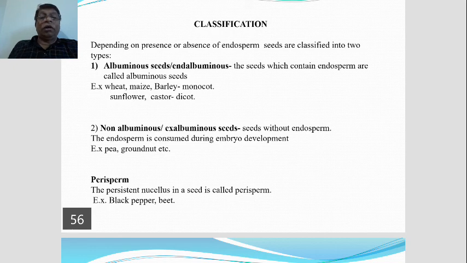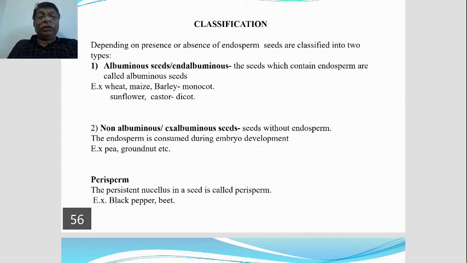Now, one more important point from the examination point of view is perisperm. What is perisperm? You know, when the ovule is young, it contains megasporangium or the nucellus. This nucellus is also a nutritive tissue. It also stores reserve food materials.